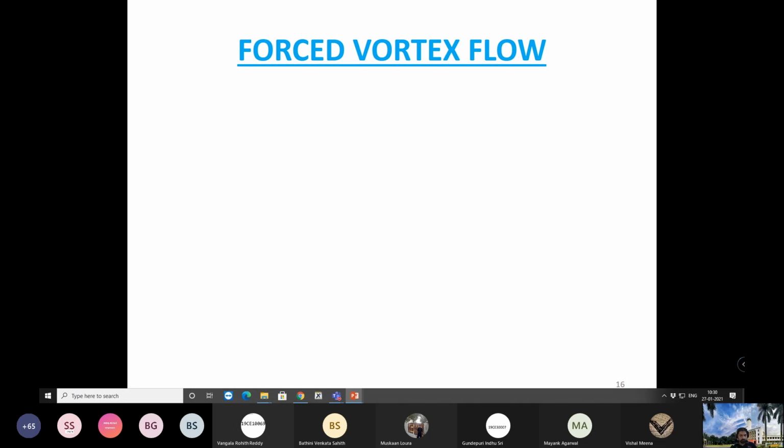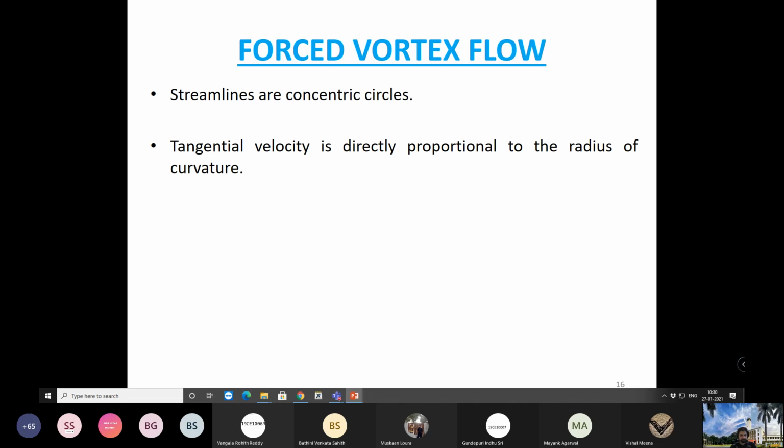So with that notion in mind, we come to forced vortex flow. Here, when the streamlines are concentric circles, similar to the free vortex flows, the tangential velocity is directly proportional to the radius of curvature. The flow field in polar coordinate system is described as follows.